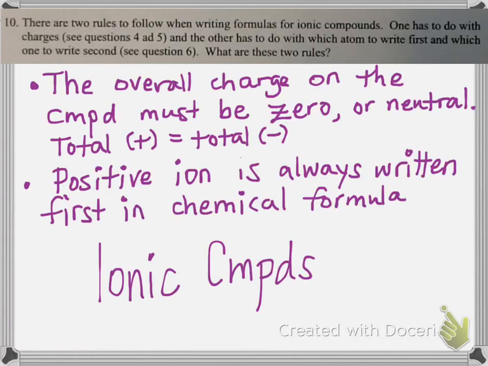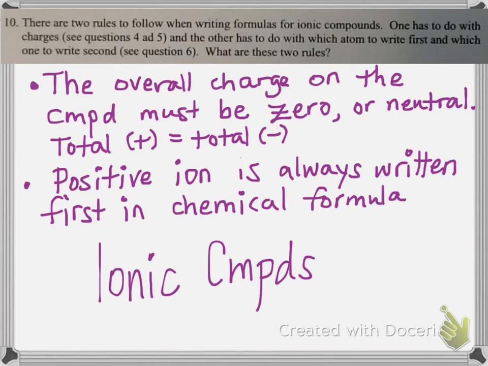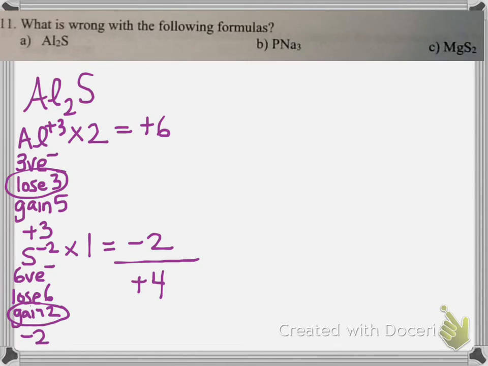Of these 2 rules, the positive ion is written first, so that's okay. But the overall charge on the compound must be 0. And this would have an overall charge of plus 4. So, on a side note, let's figure out what the formula would have to be.